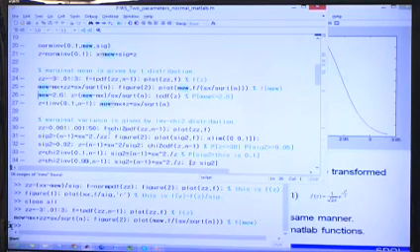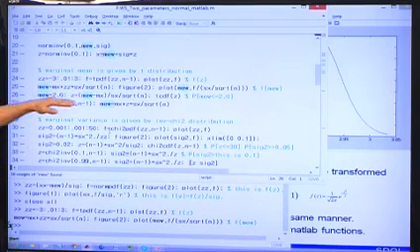And with this process, we can also evaluate the cumulative distribution function value, or we can also evaluate the inverse of the probability distribution.